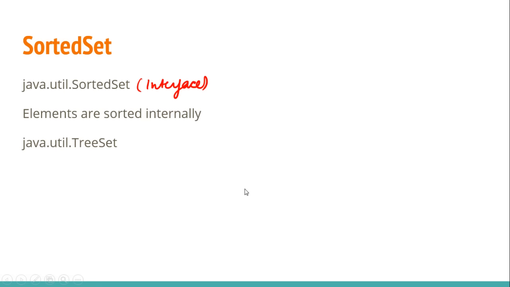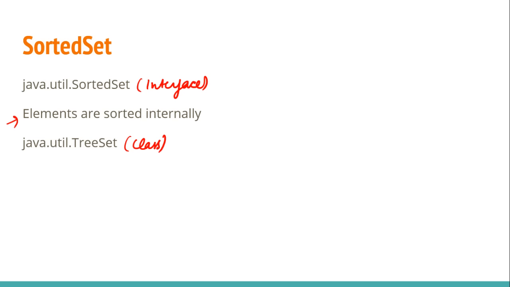What happens in sorted set is that the elements are sorted internally and the class is java.util.TreeSet.